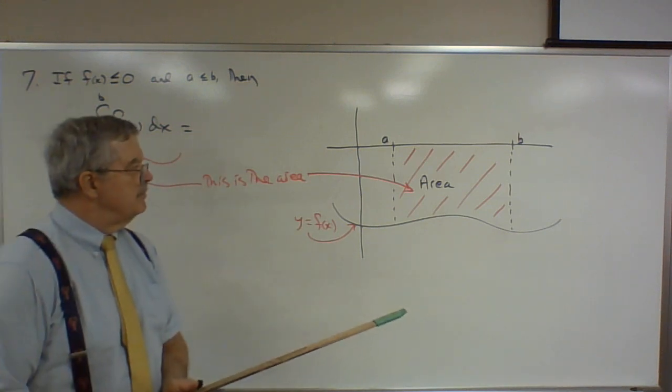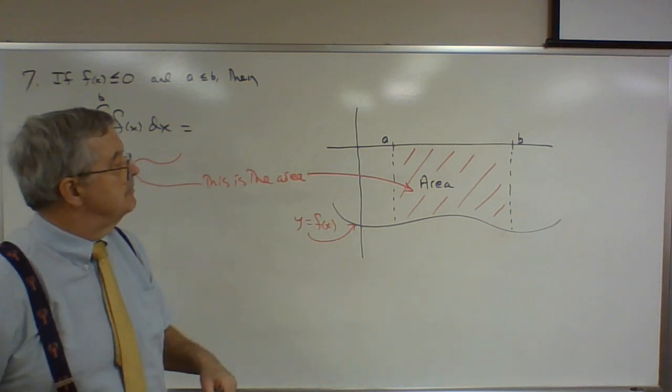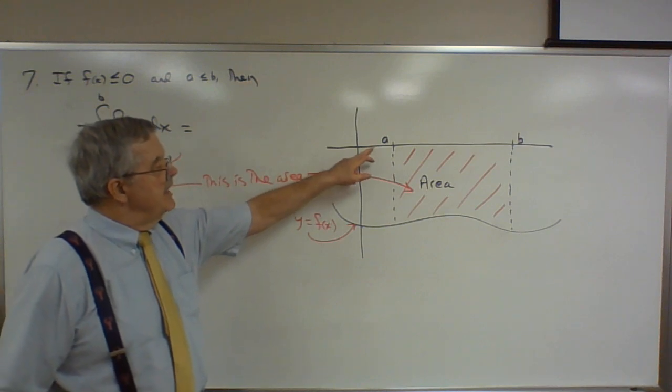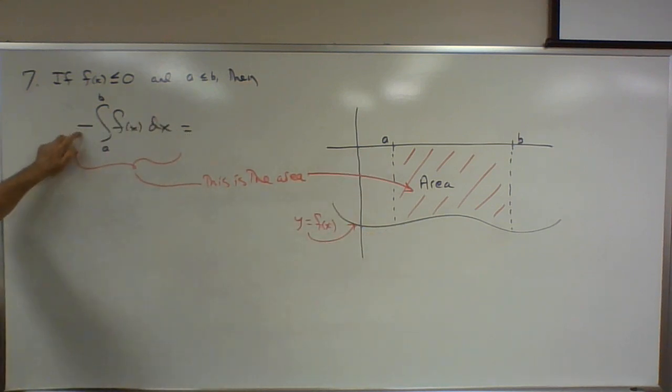So the actual geometric area in the positive sense, between the x-axis and the graph of f of x is going to be the negative of this integral. Now, we've done some area problems. This shouldn't be a shock to us.